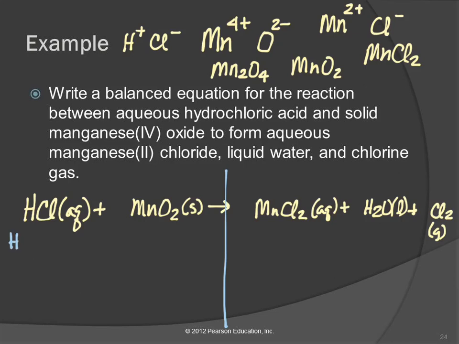So I've got H, and I've got Cl, and I've got Mn, and I've got O. When you first start balancing equations, this might be a useful method, but after you get the hang of it, you won't need to do this anymore. So here in HCl, I have 1 hydrogen and 1 chlorine and no manganese and no oxygen. And over here in MnO2, I've got no hydrogen, no chlorine, I've got 1 manganese and 2 oxygens.